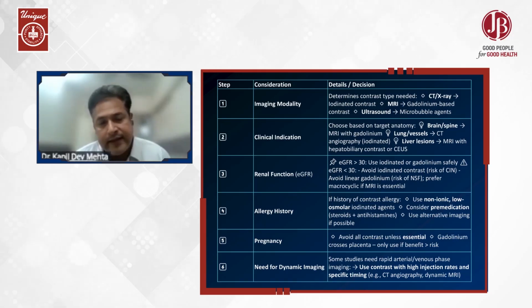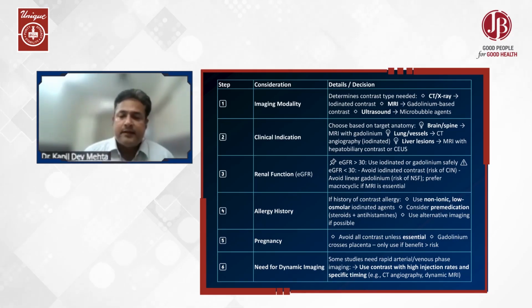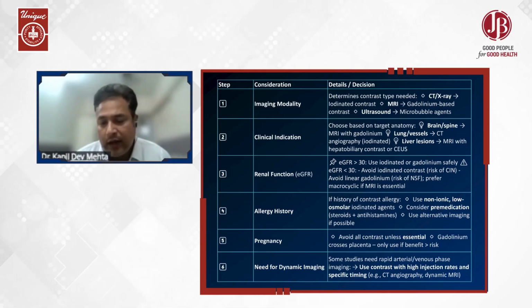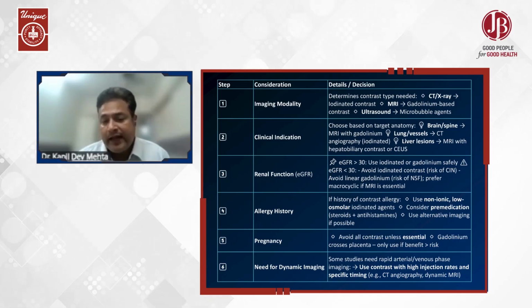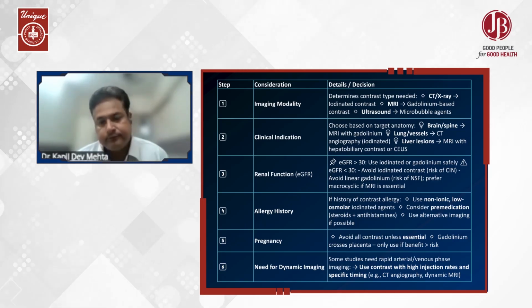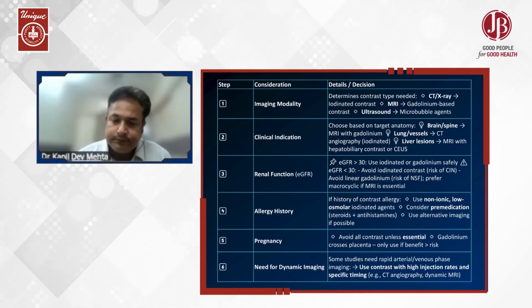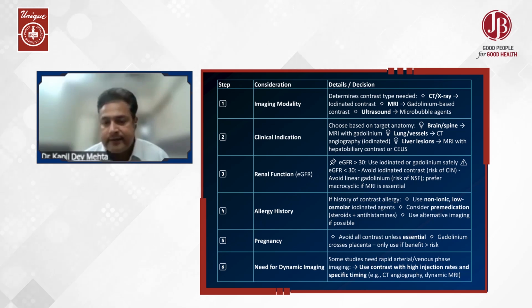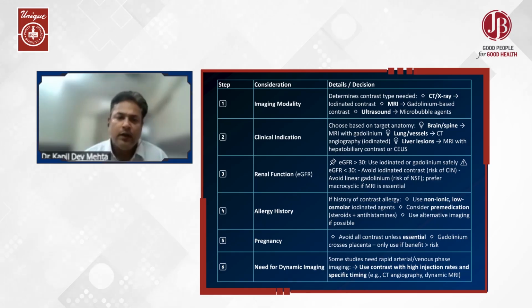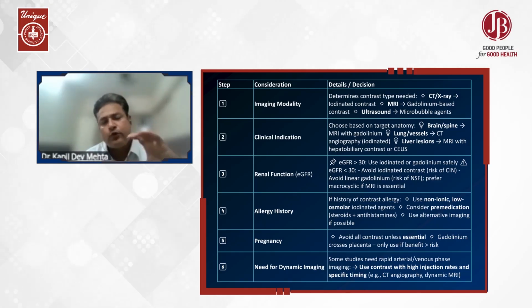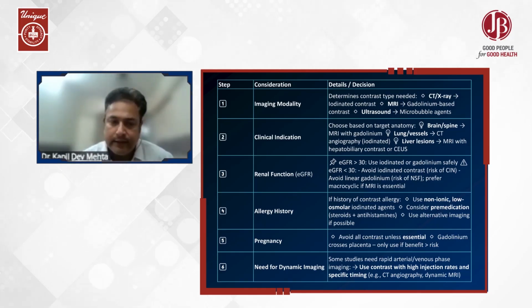Very important, history of allergy. If the patient earlier has a history of allergy to contrast, they should be dealt with very cautiously. Pregnancy: avoid all contrast unless essential. It should only be used if the benefit is more than the risk. So this is how you choose a contrast agent.